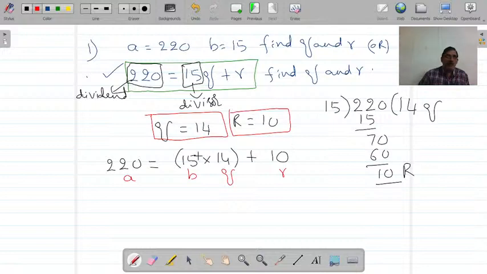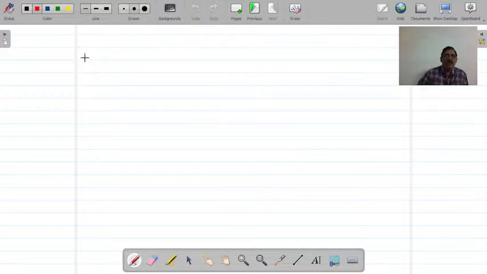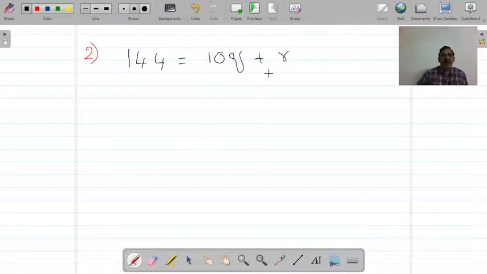Shall I give you one more problem so that you can try? You just make use of your chat box and write your answer. Now I am going to give you a simple example. I am going for the next page. Just see here. 144 is equal to 10Q plus R. Come on, all of you find Q and R. Just do it quick and type your answers in the chat box.